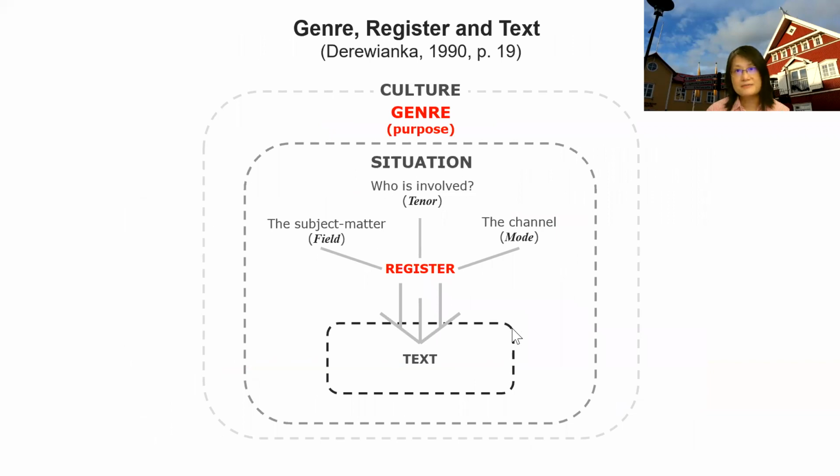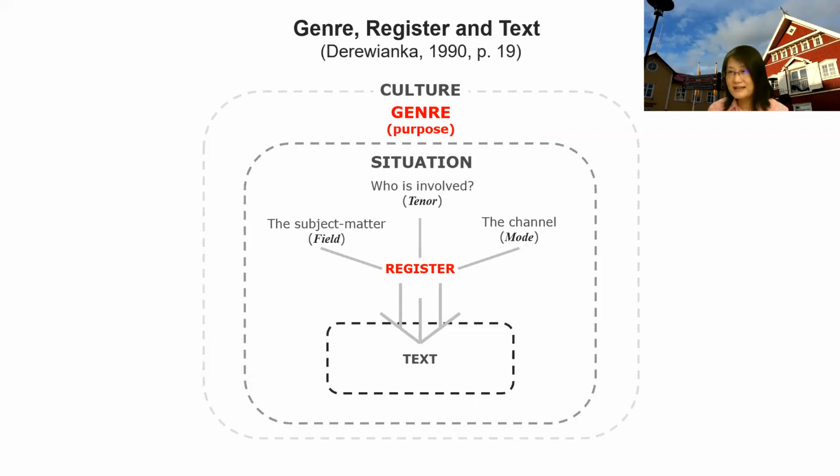So this is a diagram to represent now genres and registers. They are very culture specific. So in Western cultures, usually when you present your argument, you need to start with your argument right from the beginning.